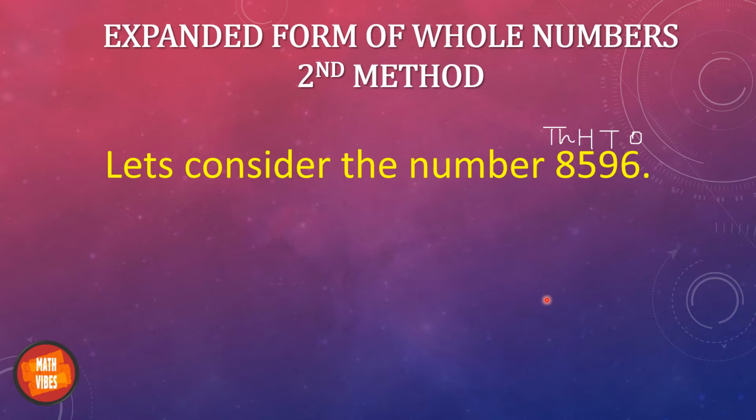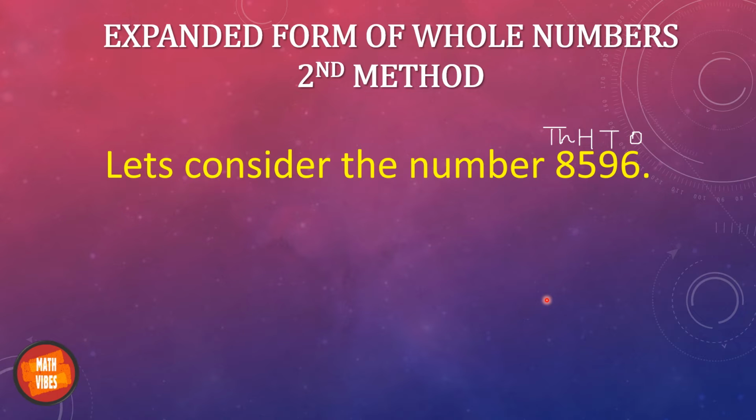That is why in the previous method we wrote 8 into 1000 plus 5 into 100 plus 9 into 10 plus 6 into 1. Ones means 1. 6 was multiplied by 1, 9 by 10 because it is at the tens place, 5 by 100 because it is at the hundreds place, and 8 by 1000 because it is at the thousands place.